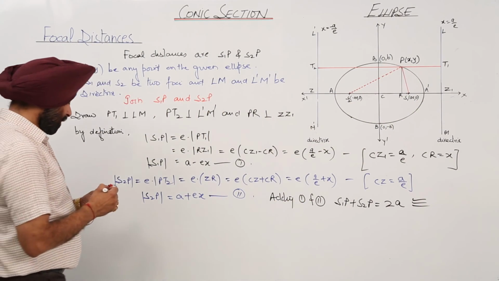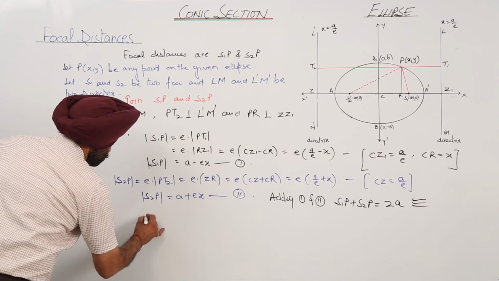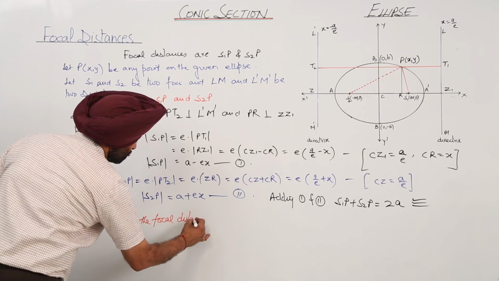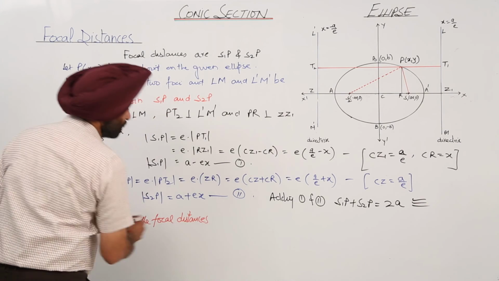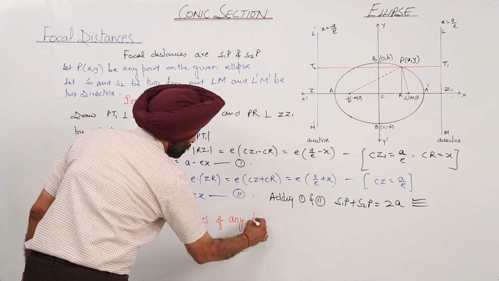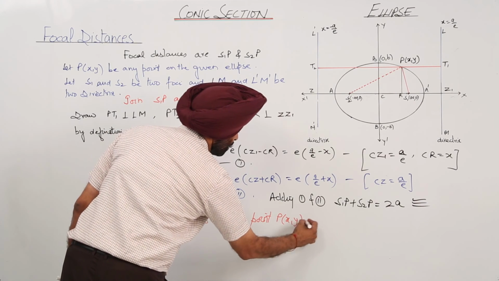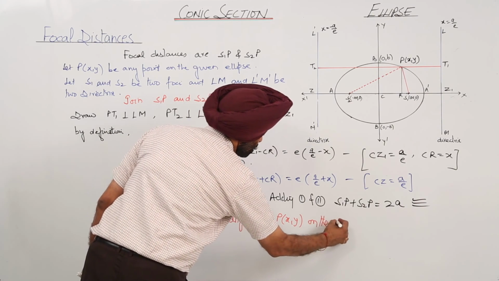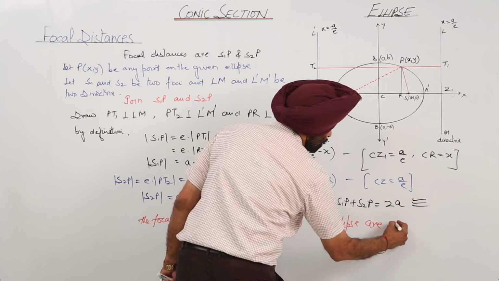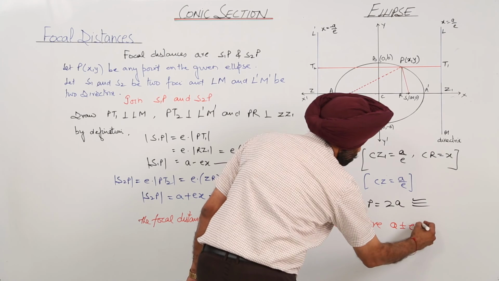Is it clear? Now last thing, the focal distances of any point P (x, y) on the ellipse are a plus or minus ex.